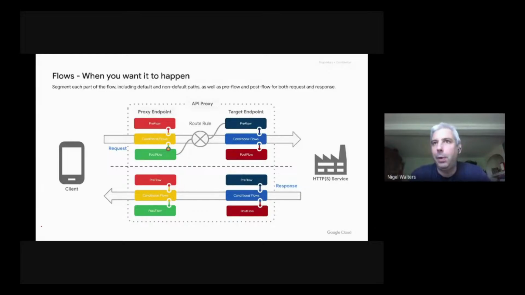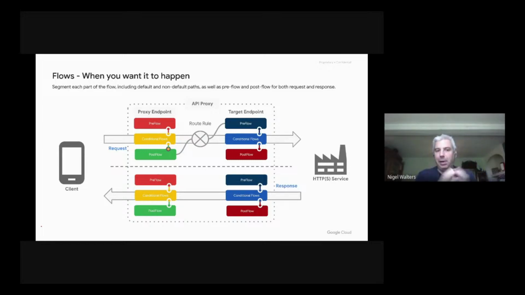A GET request to /accounts, for example, could be a condition, and we could have a separate condition for a POST request to /accounts, and so on and so forth. In fact, if you use an OpenAPI specification to create an API proxy inside Apigee, we'll pre-create all of those conditional flows for you based upon the resources defined in that OpenAPI specification.